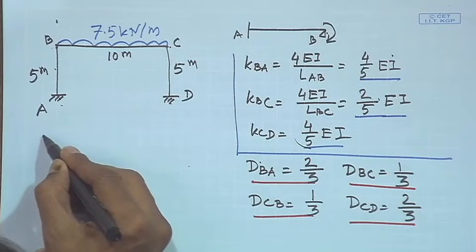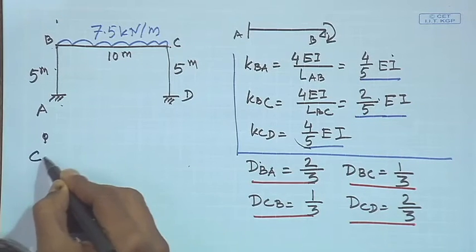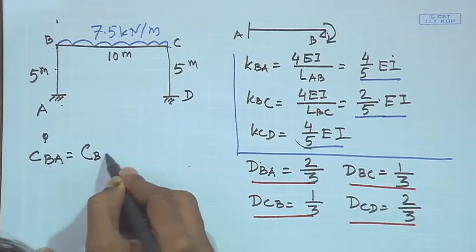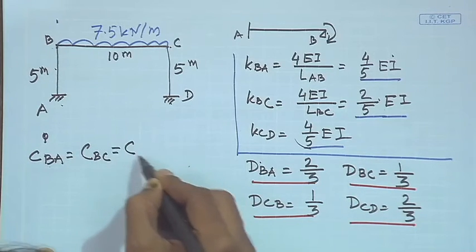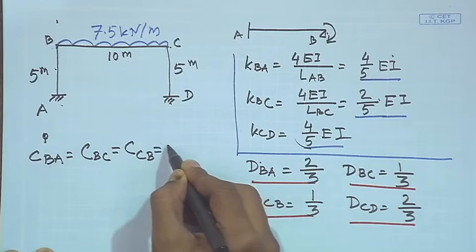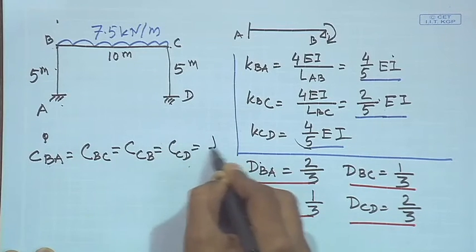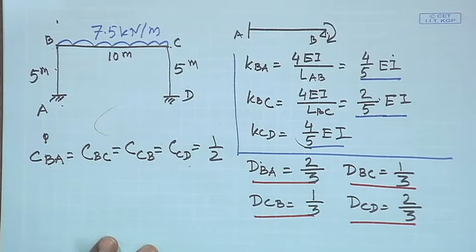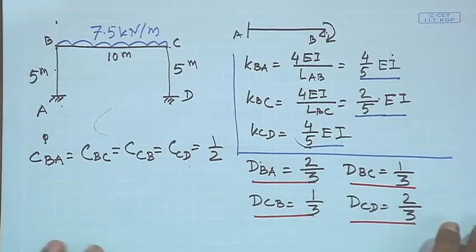So CBA, CBC, CCB and CCD are all half. We have all the parameters we need: the distribution factors and the carryover factors. Let us now start the process.